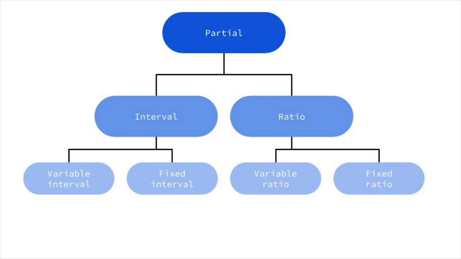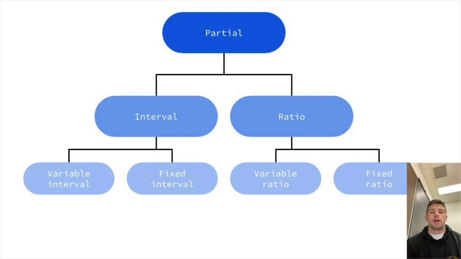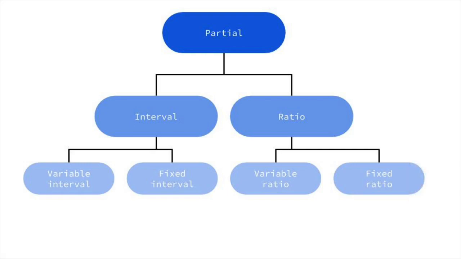In contrast, in a fixed ratio schedule, fixed means that rewards arrive after a fixed number of the behavior. And all this means is that a reward might come after every 5 instances of the behavior, for example.